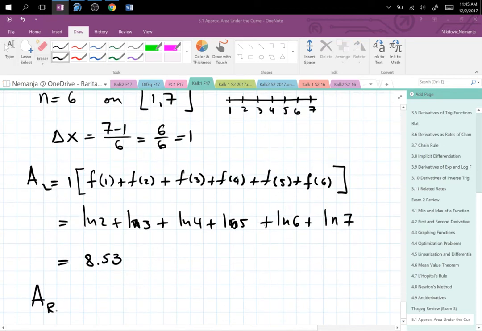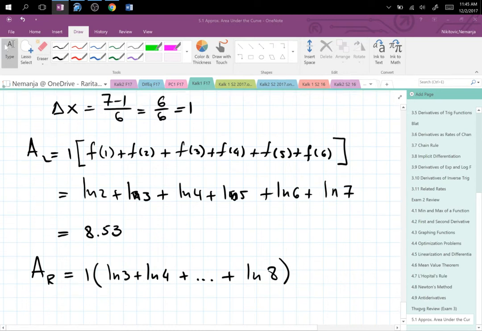And the area to the right is going to be the same thing except no ln 2. So we start with 1 times, which is delta x, and then we have ln 3 plus ln 4 plus dot dot dot plus ln 8. So I'm going to call the previous calculation and replace the 2 with 8 and get 9.91.